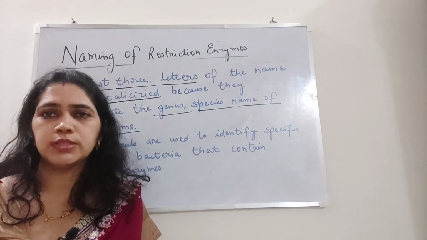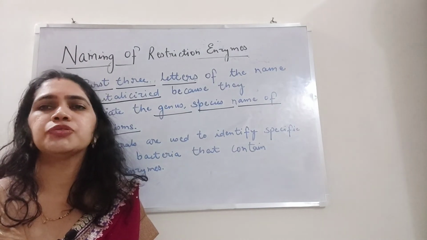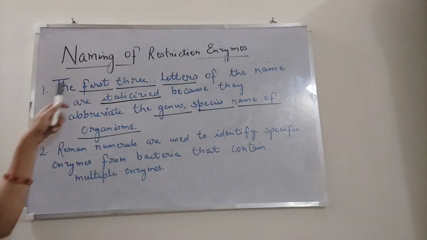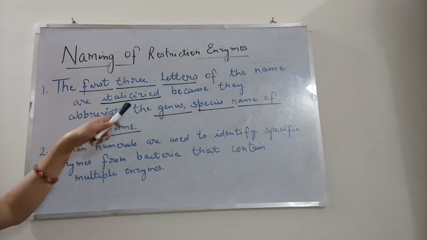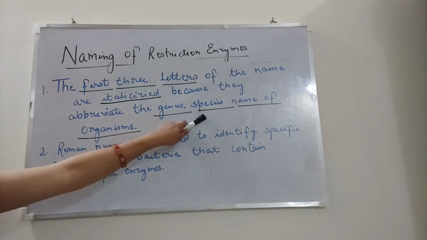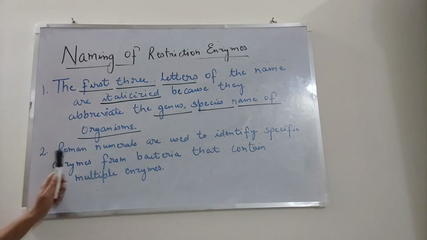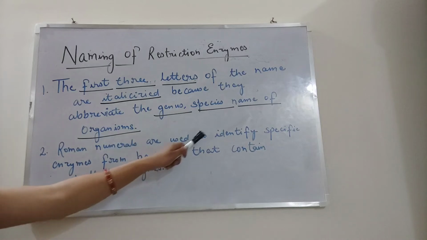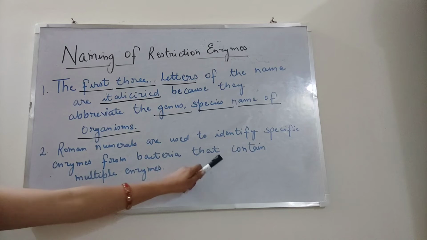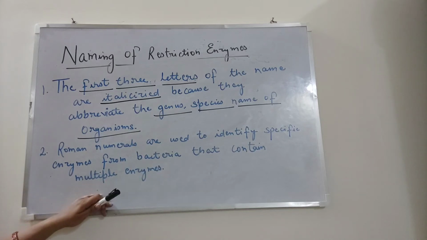The first three letters of the name are italicized because they abbreviate the genus and species name of the organism. Second, Roman numerals are used to identify specific enzymes from the bacteria that contain multiple enzymes.